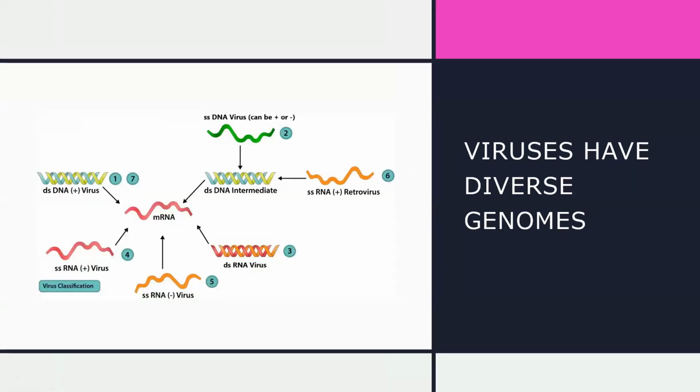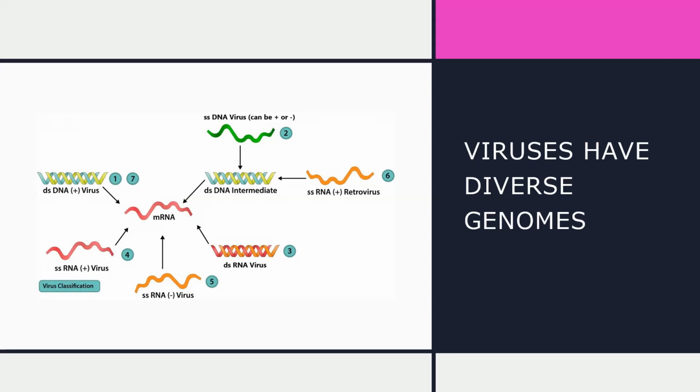Viruses also have very diverse genomes. So we're not going to worry too much about the differences between how these things work, but I do want to point out that they can come in multiple flavors, right? And this doesn't work with our general thought of how we think of proteins being made in molecular biology, right?